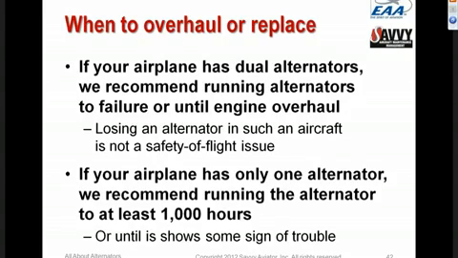If your airplane has only one alternator, we recommend running it a lot longer than 500 hours, at least 1,000 hours, or until it starts showing some sign of getting old and giving trouble. If you start seeing any intermittence or whatever, that's probably a good reason to replace or repair the alternator.